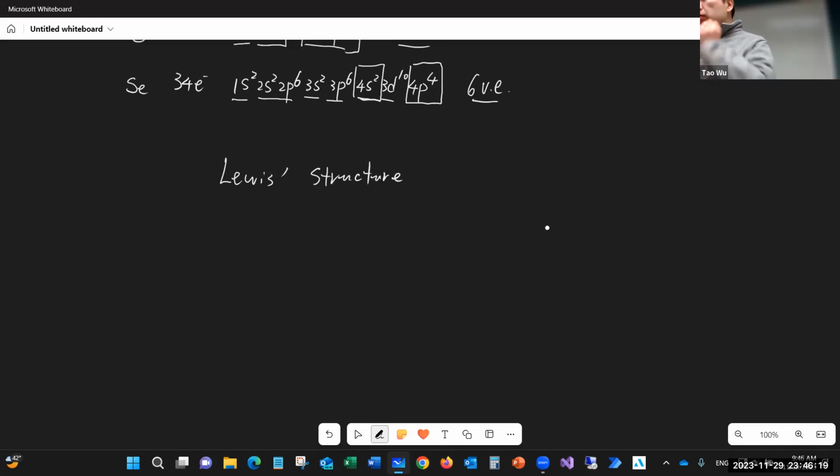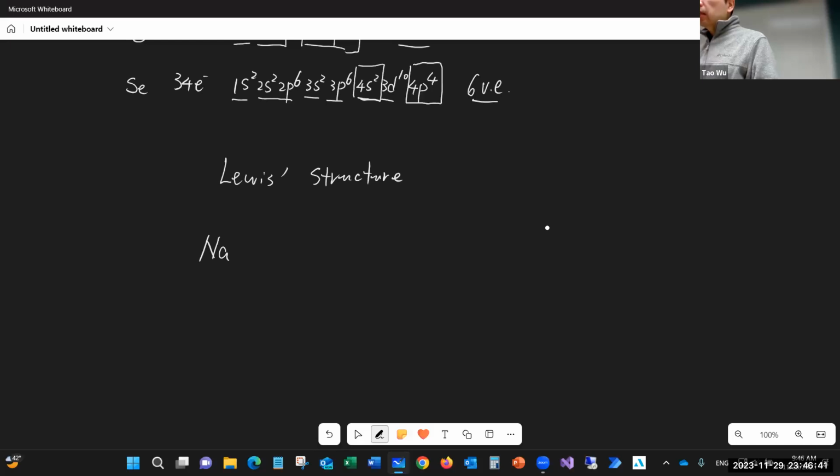So when we talk about Lewis structure, let's start from the easier one to the harder one. The easier one is how to assign the electron configuration, how to do the Lewis structure for an element. For example, sodium.